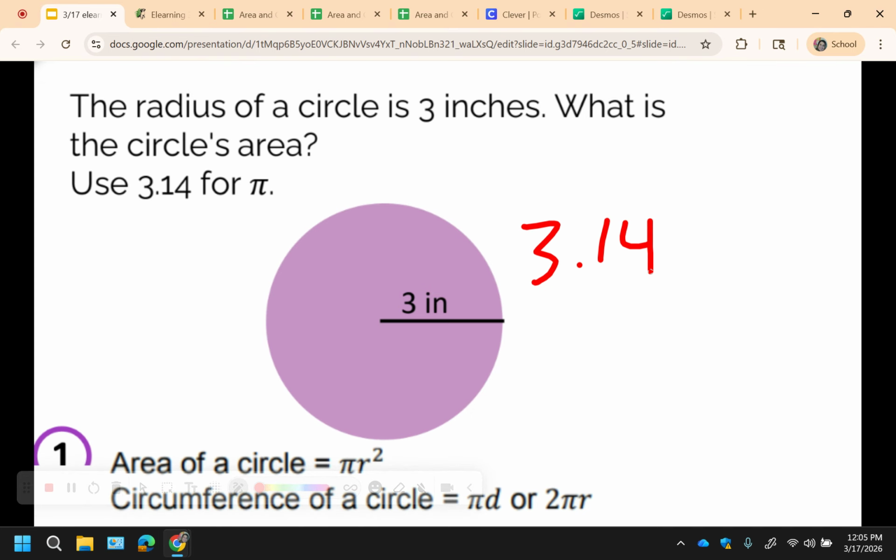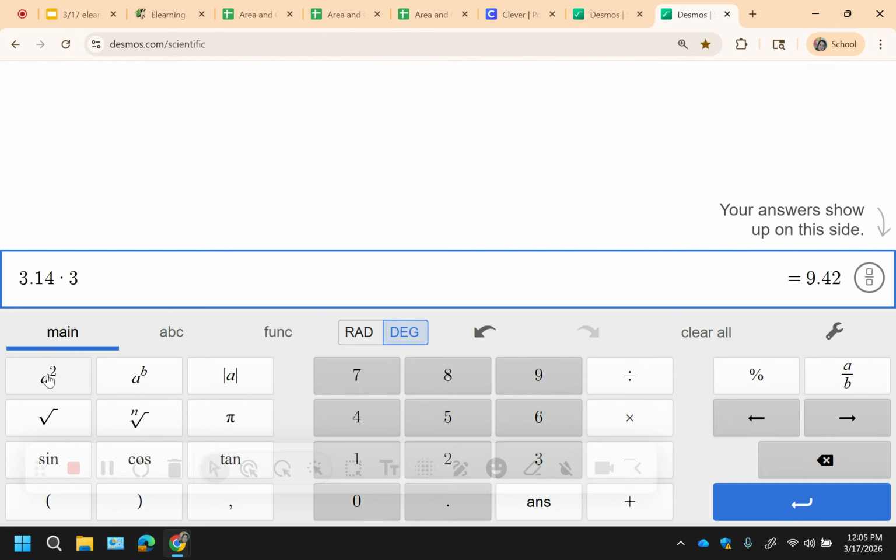I forgot the R squared. So we've got to do 3 squared. My bad. I'm sorry. And then your little 2 makes it squared, because that means it's 3 times 3. So technically we're taking 9 times 3.14. And our answer then is 28.26.